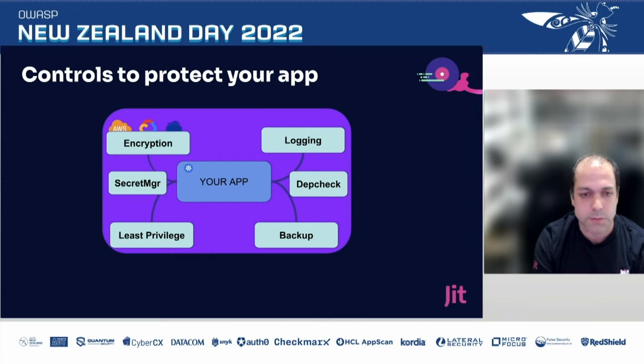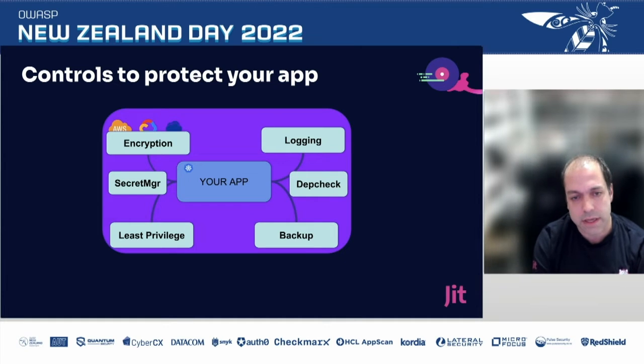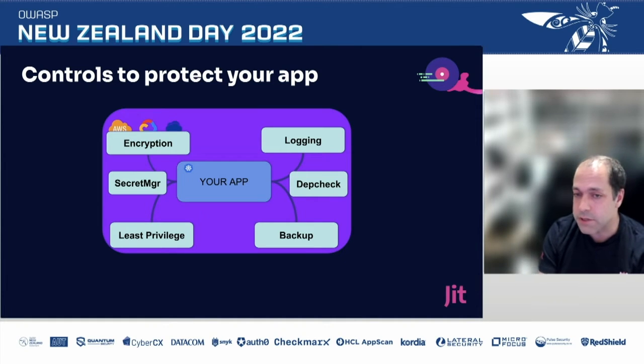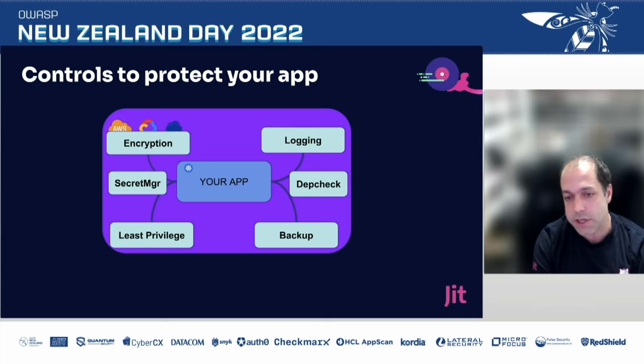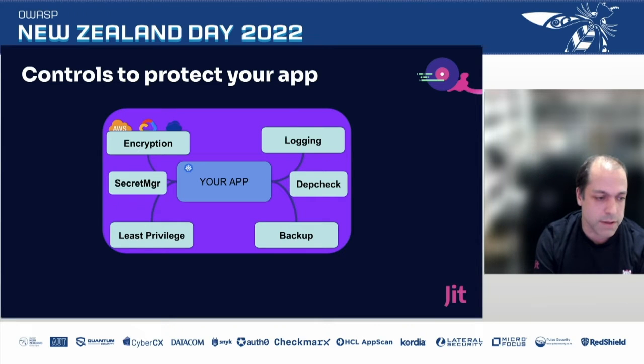And the logging should be done both in terms of your infrastructure, but also in terms of your application, in order to make sure that any admin activities inside your application are logged. For libraries, you want to do some dependency checks. And at the end, for disaster recovery, make sure you're using some backup, and that you're checking that it's configured, for example, for your database, for your data.